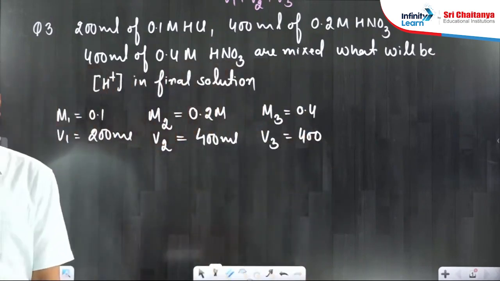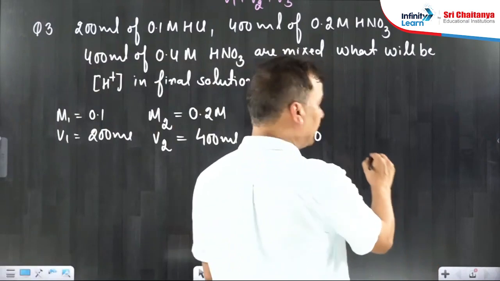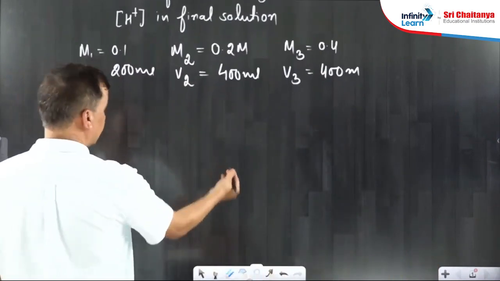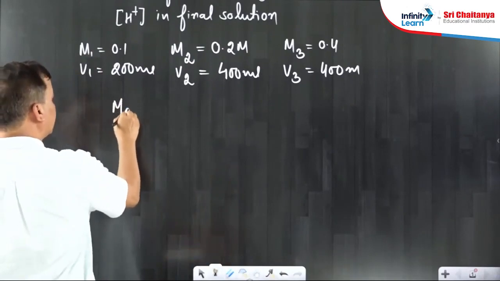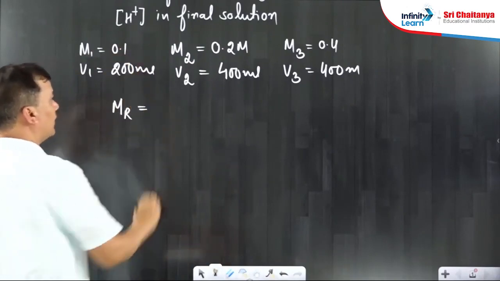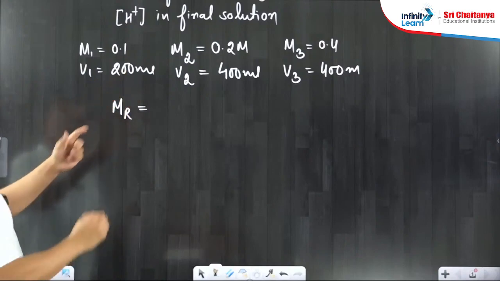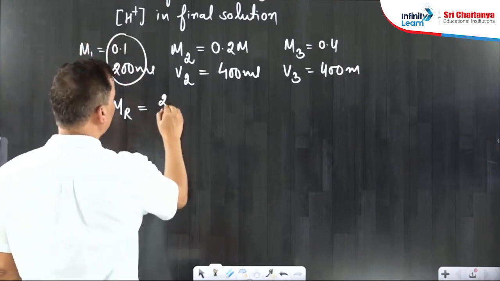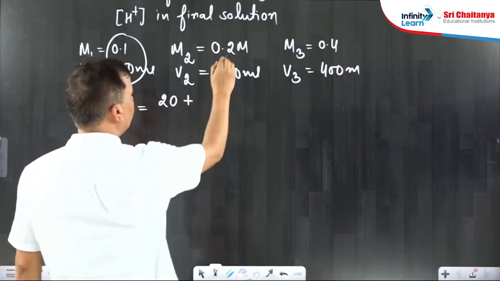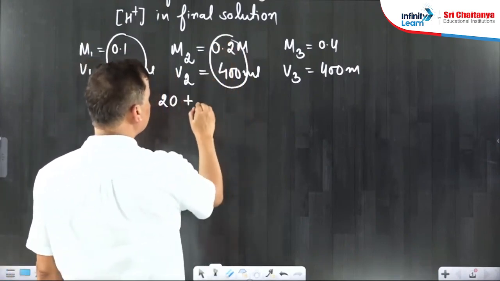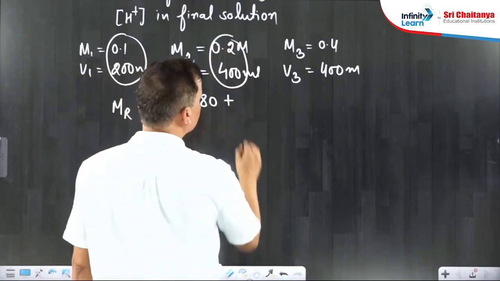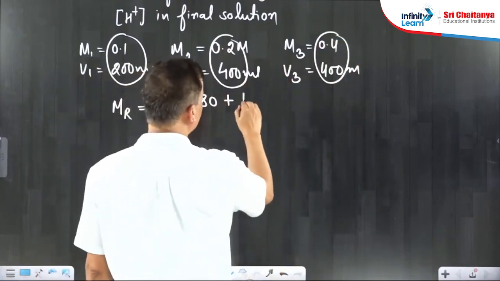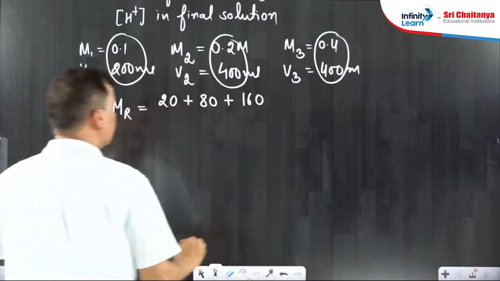So confirm, is that clear or not? How many solutions do we have here? We have three solutions. Now dear, the molarity of the resulting solution is equal to, if I multiply these two, that is 20, plus if I multiply these, that is 80, plus if I multiply this, 160.